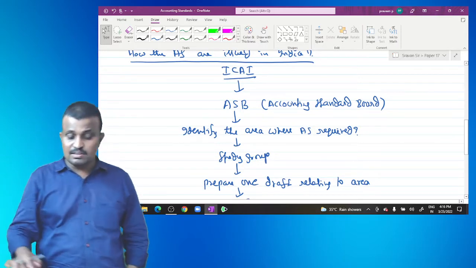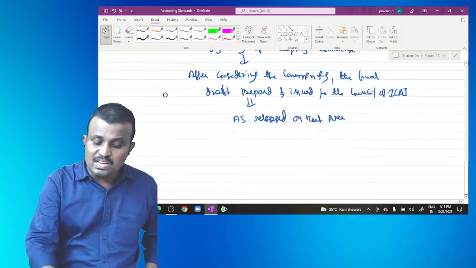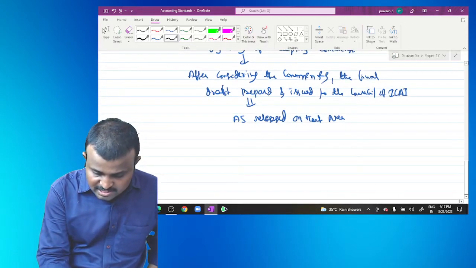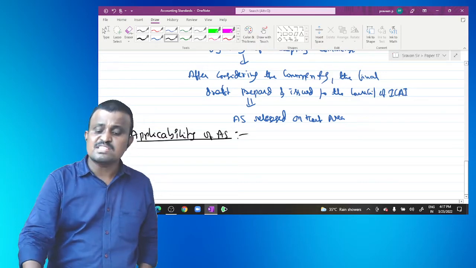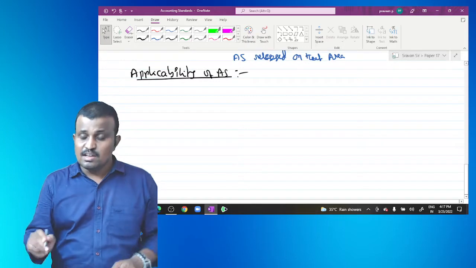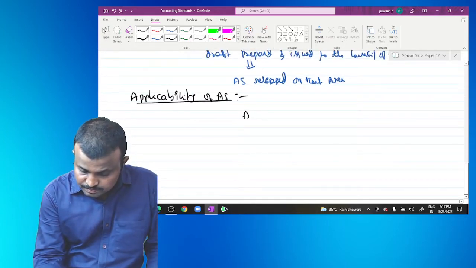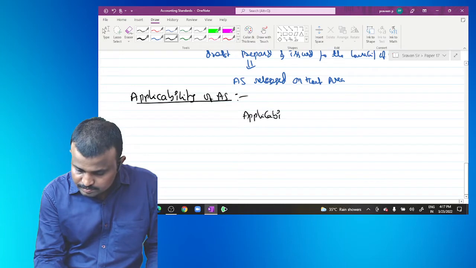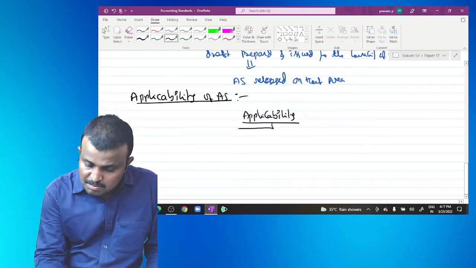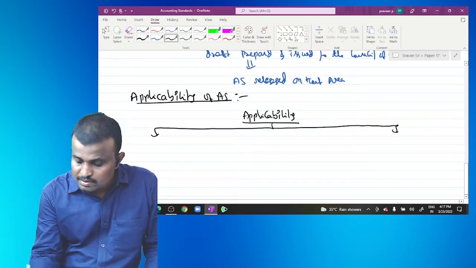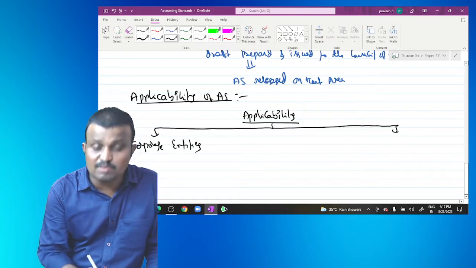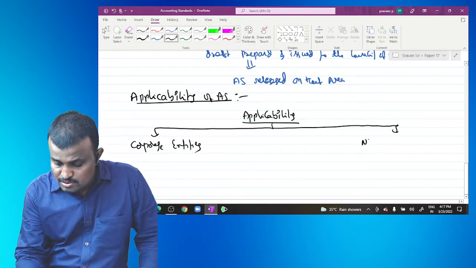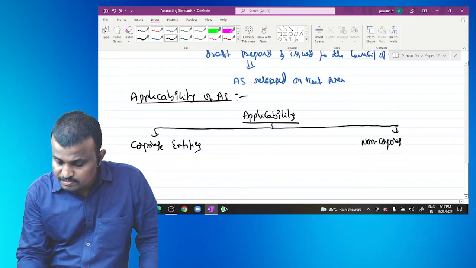Next, coming to the applicability of the accounting standards: it applies to corporate entities, nothing but companies, and to non-corporate entities.